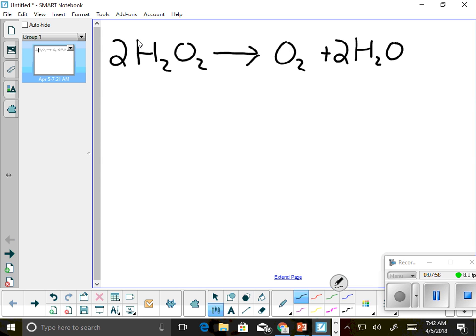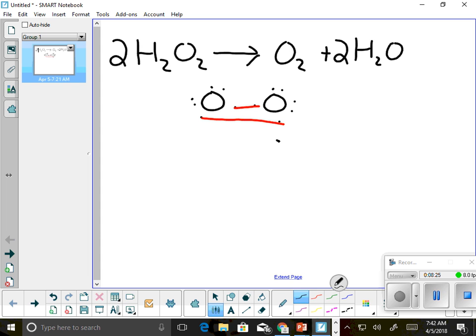Step number 2 is drawing the Lewis dot for each atom. Oxygen, for example, has 6 valence electrons. If you have a second oxygen, they will create a double bond.